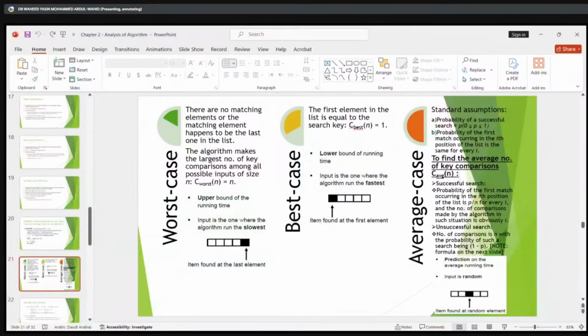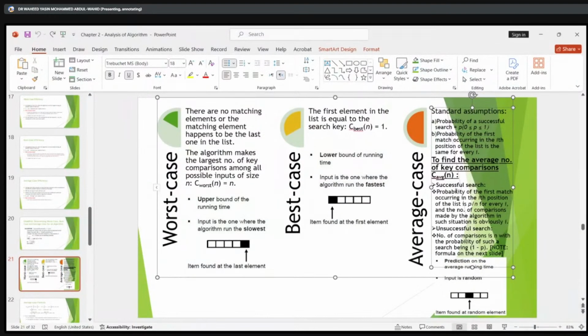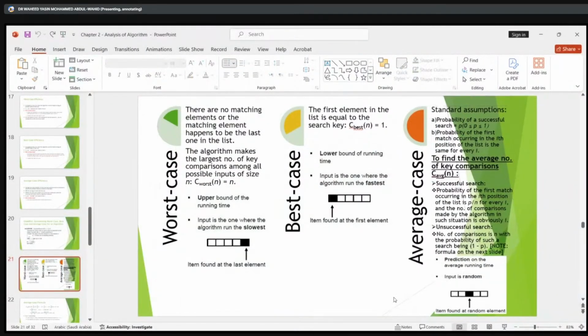To find the average number of key comparisons for a successful search, the probability of the first match occurring in the ith position is p over n for every i, and the number of comparisons made by the algorithm in such a situation is obviously i. For an unsuccessful search, the number of comparisons is n, and the probability of such a search is 1 minus p. Note the formula on the next slide, predicting the average running time.